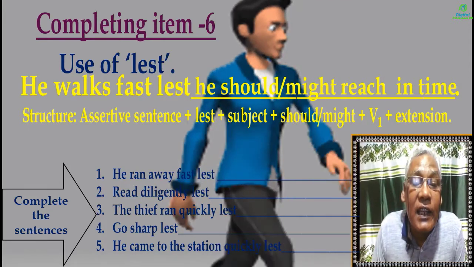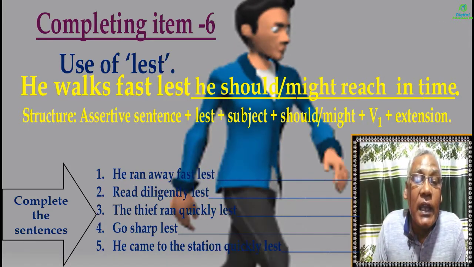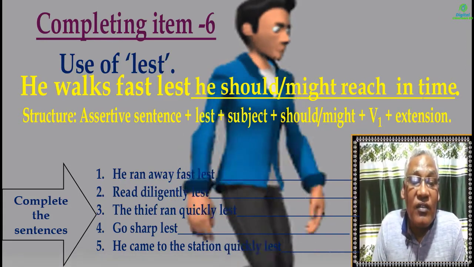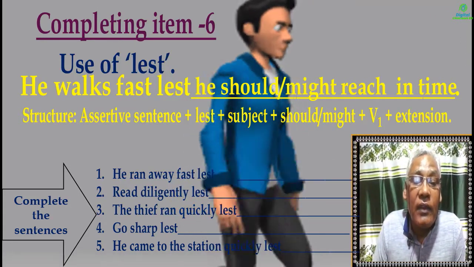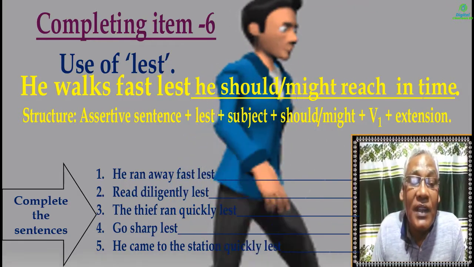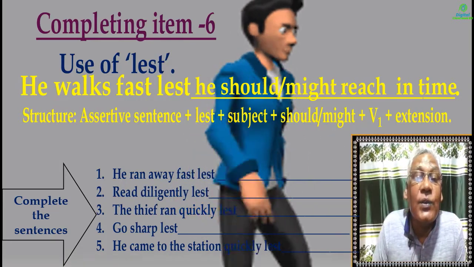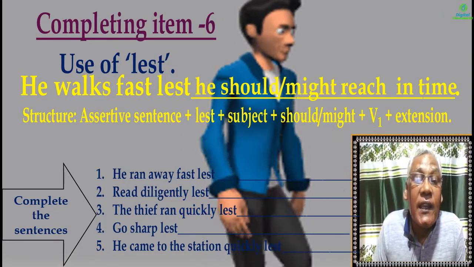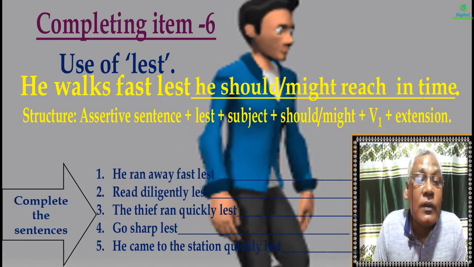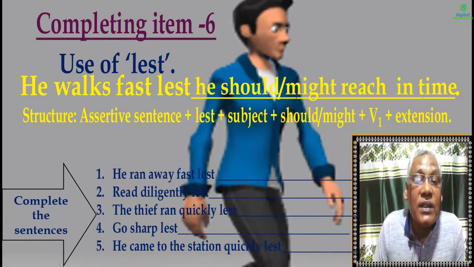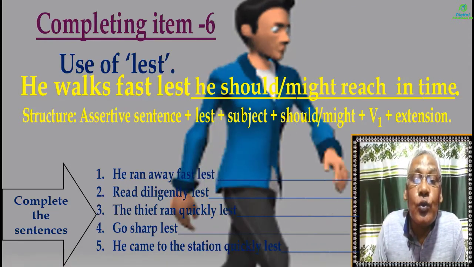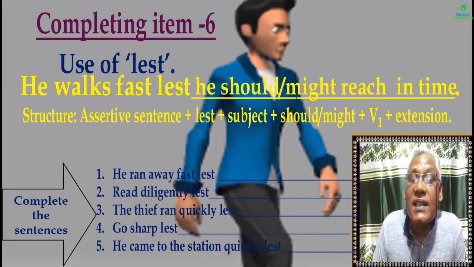Read diligently lest... Okay, and the thief ran quickly lest... Go sharp lest... And he came to the station quickly lest... I think you can easily complete these sentences using this structure. So it's very important for you to keep the structure in memory. Assertive sentence or imperative sentence plus lest plus subject plus should or might plus verb 1 plus extension.